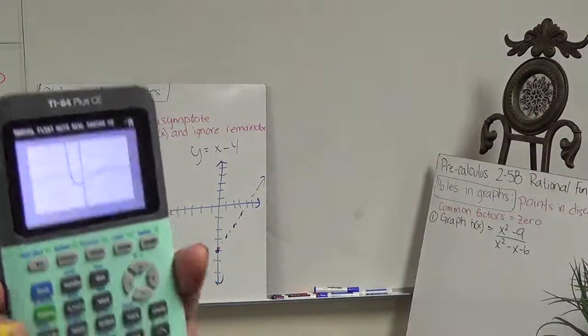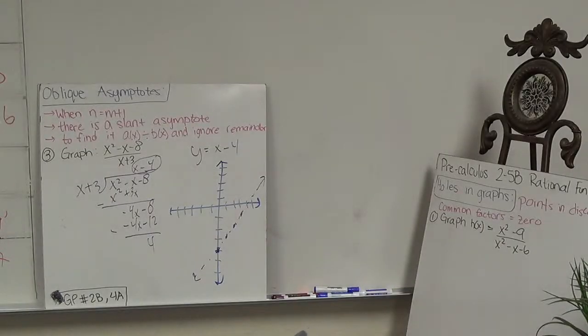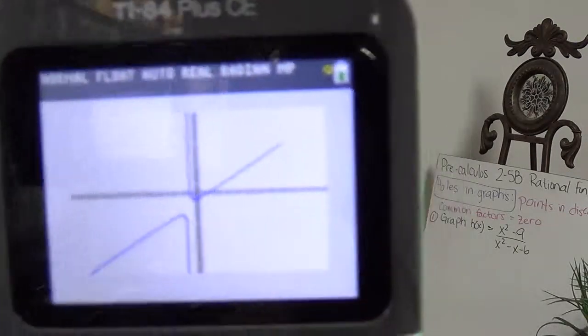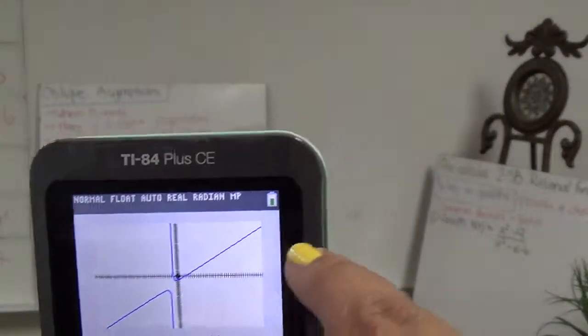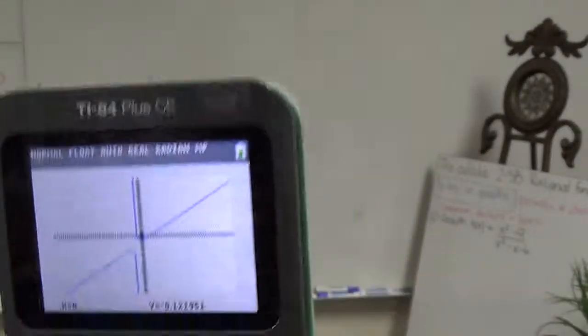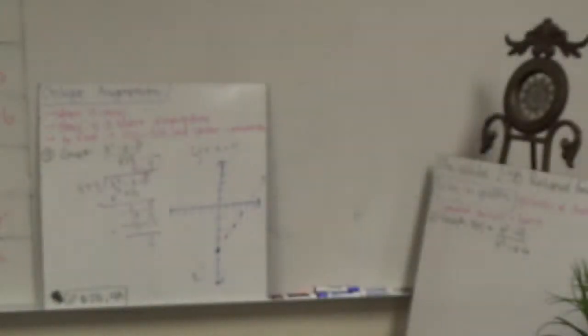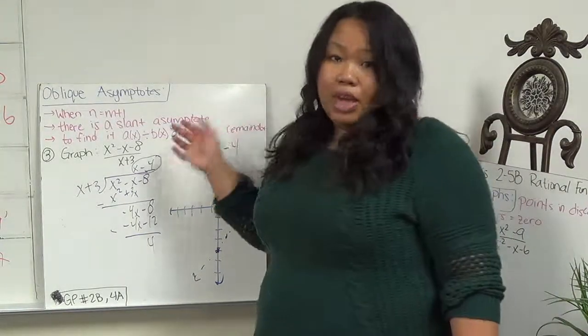So if you look here, let me zoom out. So you see that, and then this line of y equals x minus 4 right here is a slant asymptote. It's undefined on that line. So go ahead and pause and write this down, and finish it if you can.